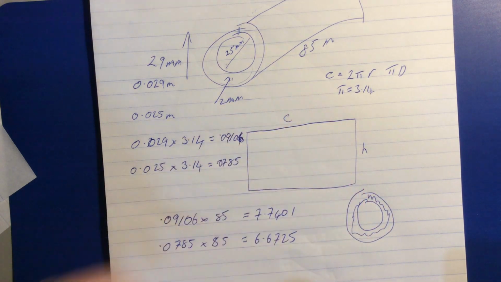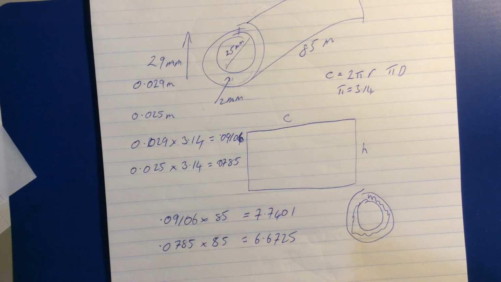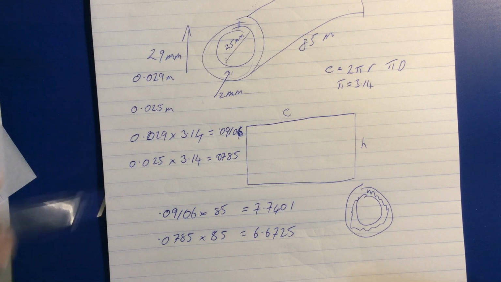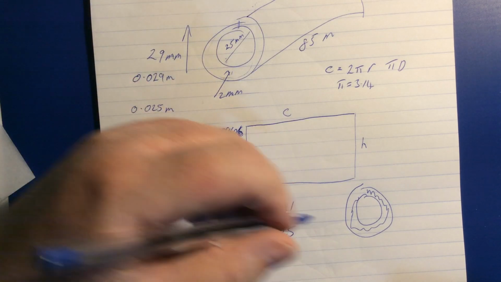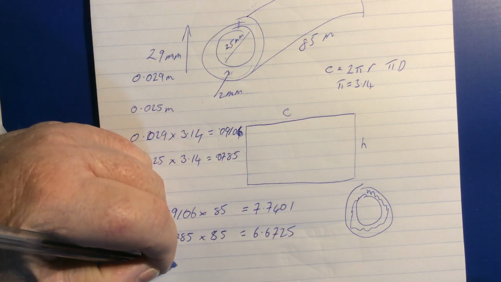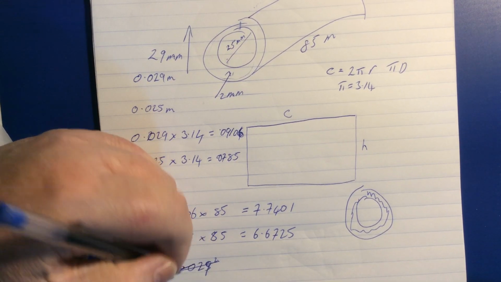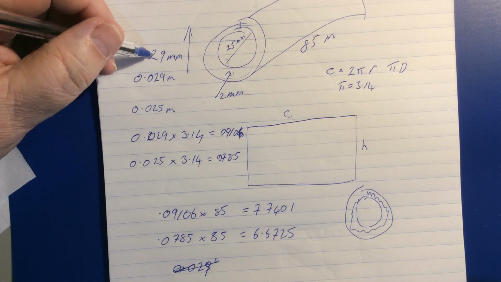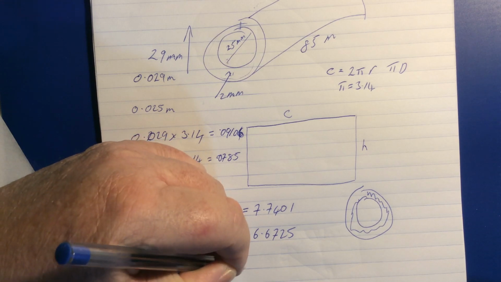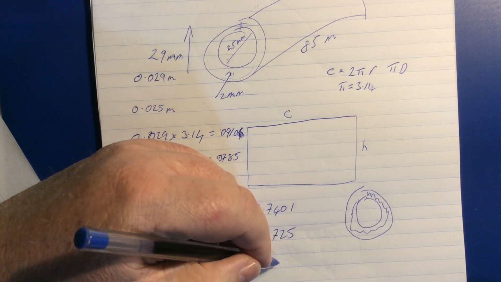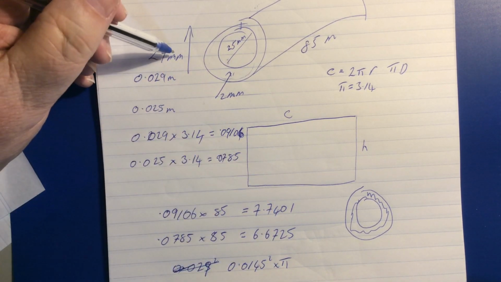Now we have to figure out this area here. So what do we do? Well, it's the area of the large circle minus the area of the small circle. Again, we're going to use meters. So it is 0.029 squared. No, it's not. It's half of that. Yes, it's 0.0145 squared times pi, the radius.